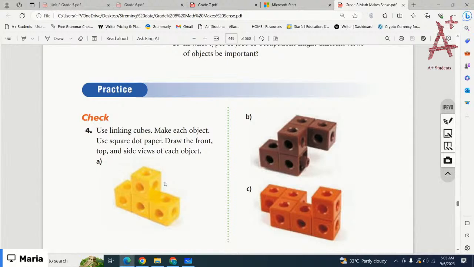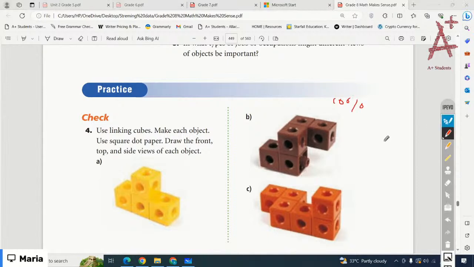So let's start with question number A. If you see from this side, that would be the front view. If you look at this side, that would be the left view, that would be the right view, and if you look like this, that would be the top view, right?